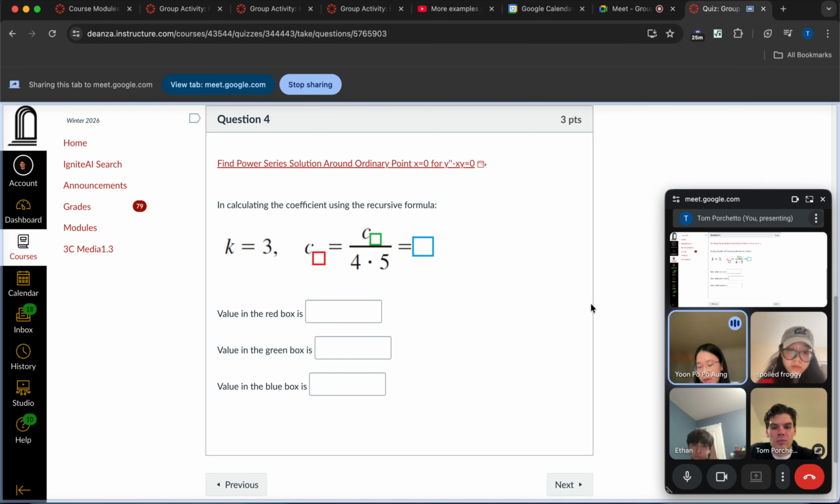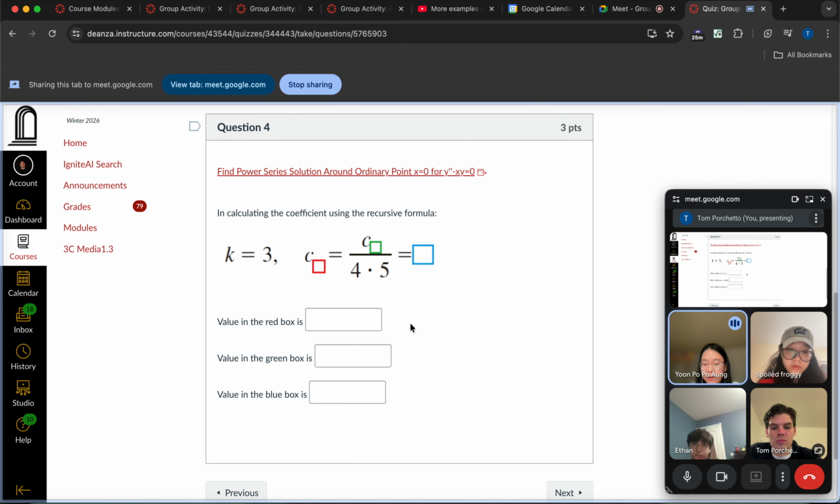Now, when k is equal to 3, 3 plus 2 is equal to 5, so the red box will be C5, and the green one will be C2. Since C2 is equal to 0, the total result is 0.